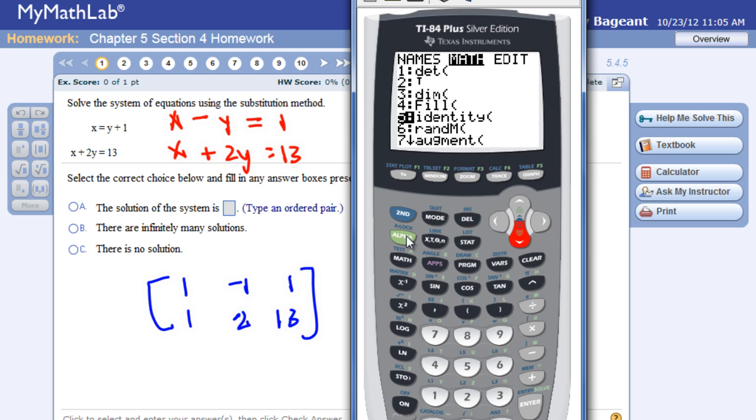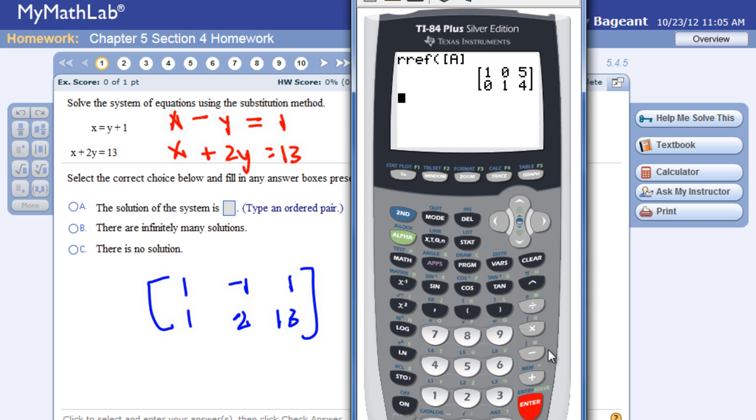press the alpha key and then this apps key. That's B as in boy. So alpha B, and it gives us Reduced Row Echelon Form. And it opens up parentheses, and it is waiting for you to enter your matrix A. And then press enter again.